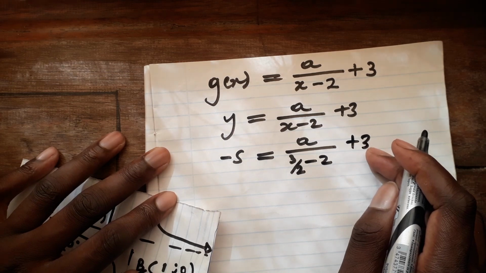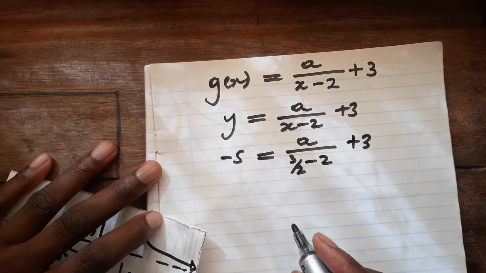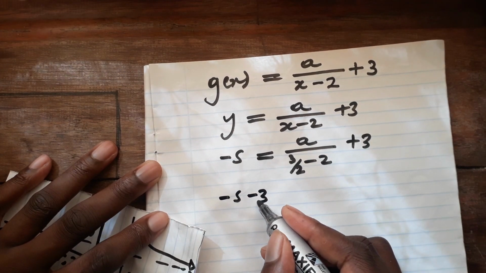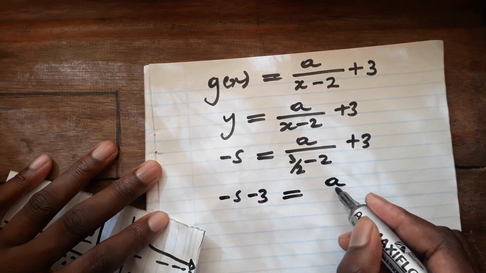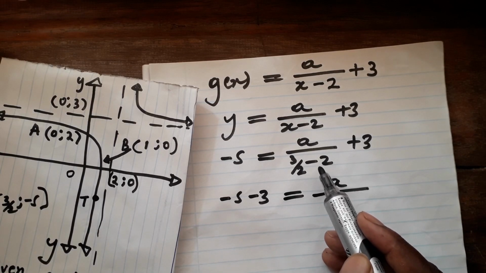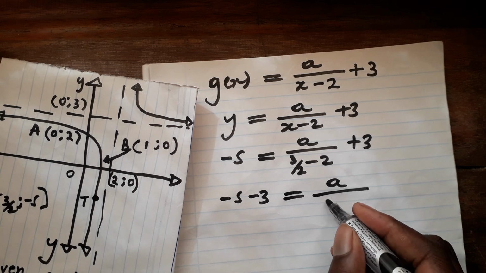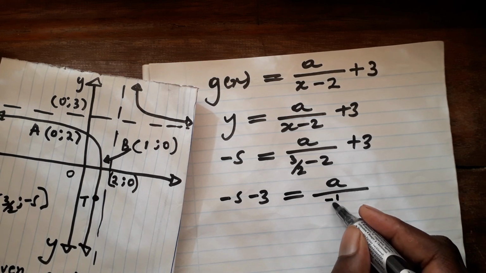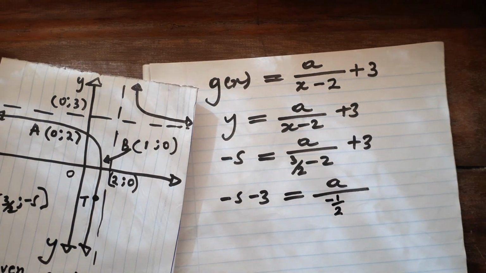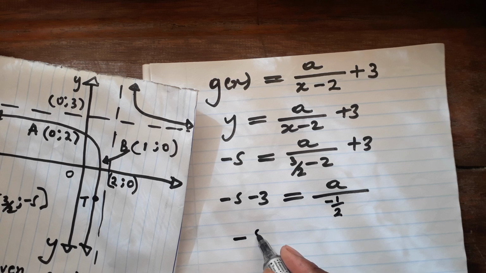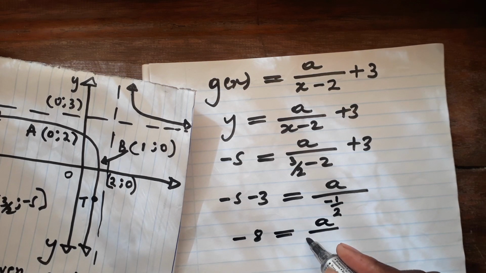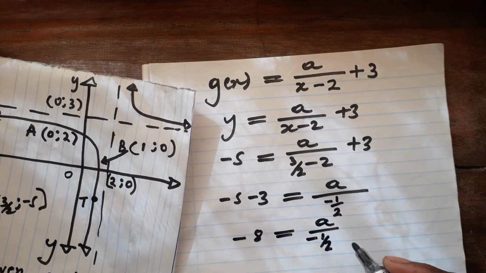Then you take this to the other side, it's going to change its sign. It's going to be -5, and this is going to be -3, equals a divided by 3/2 minus 2 on your calculator. This is going to give you -1/2. And then this is going to give you -8 equals a divided by -1/2.